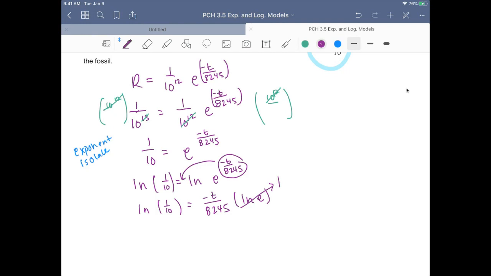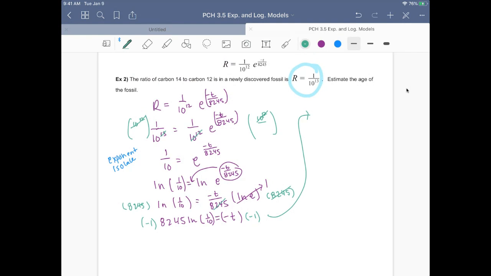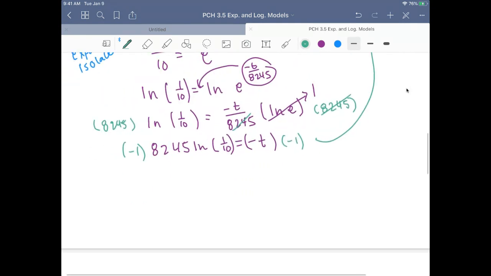Multiply both sides by 8,245, and we're left with 8,245 ln of 1 over 10 is equal to negative t. Multiply both sides by negative 1.